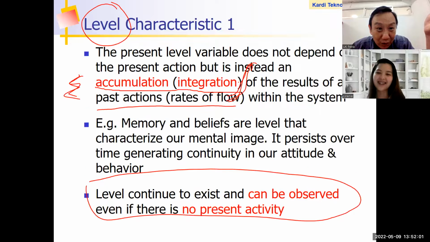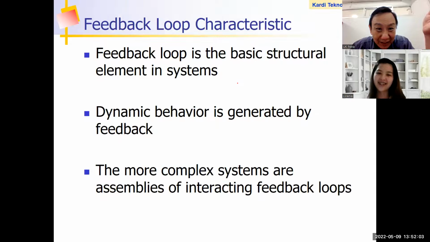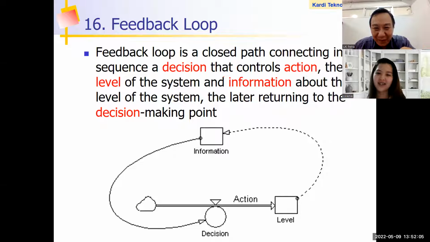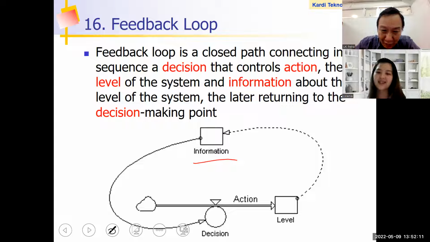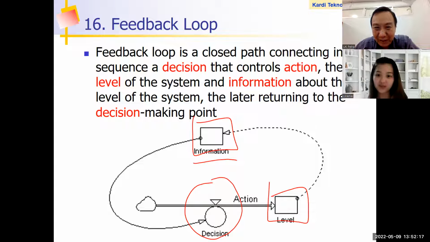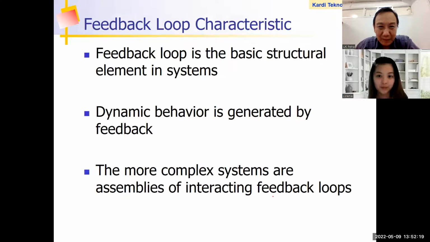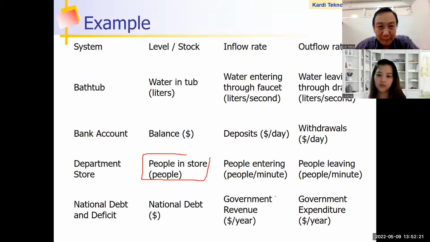In fact, I drew that a while ago. This drawing represents the rate, and this drawing represents the level. So information is actually a level.